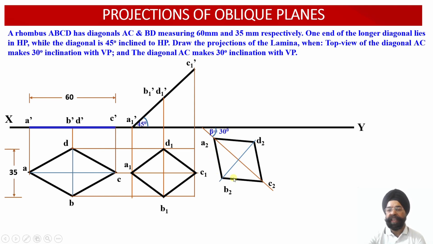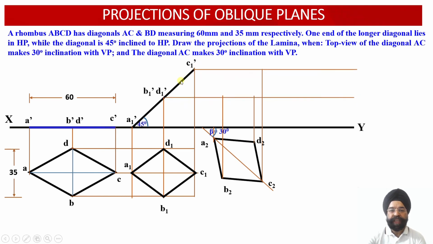And having obtained the plan projection, now in step number 6, it is the corresponding view. We have 4 points in the plan, we have 4 points in the previous elevation view. So the vertical projectors through the plan projection and the horizontal projectors through the elevation projections of the previous view will be drawn and the corresponding intersecting points will be obtained. Just see, this is A2 and this is A1 dash. So this will give us the location of A2 dash. Similarly, this is the B2 projection.